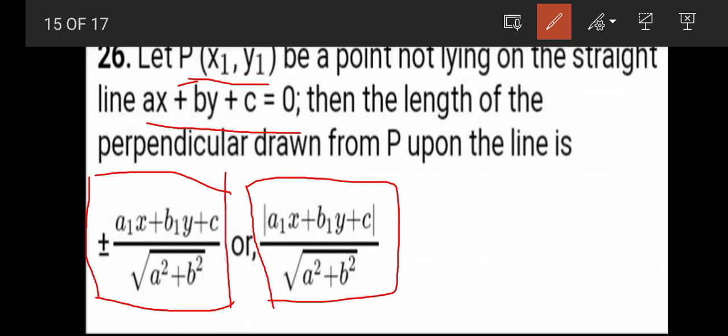We can also write this as |ax1 + by1 + c|/√(a² + b²).